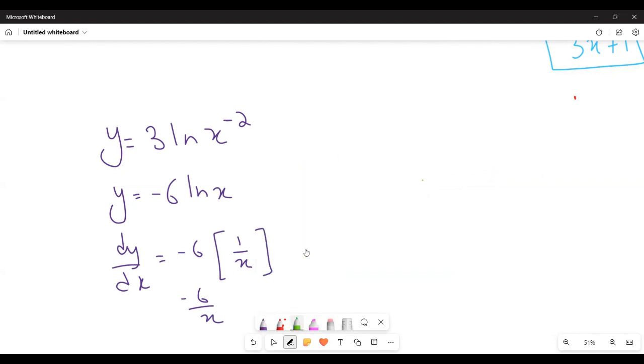Another example. Y equals ln bracket 2x plus 1 upon 3x minus 1.